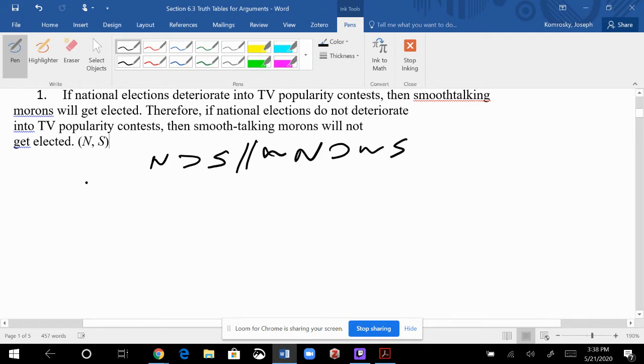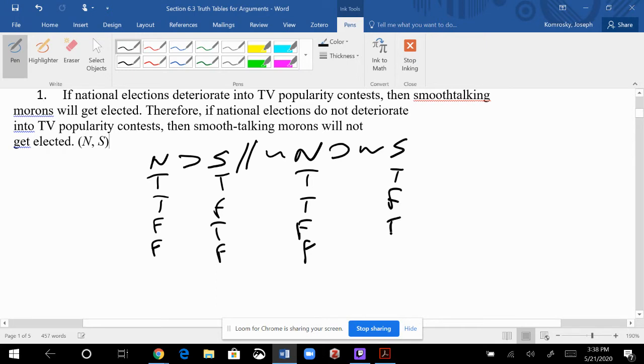So we know we have two propositions, 4 lines on the truth table. So I'm just going to go in and start plugging away. Again, this is review for section 6.3. And so N is true, true, false, false.